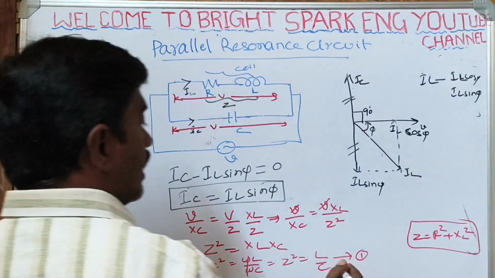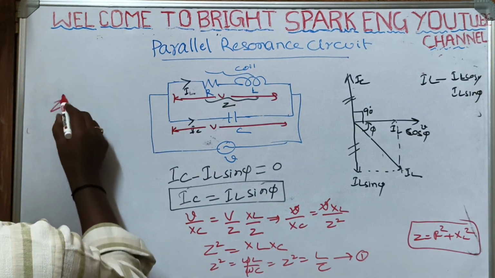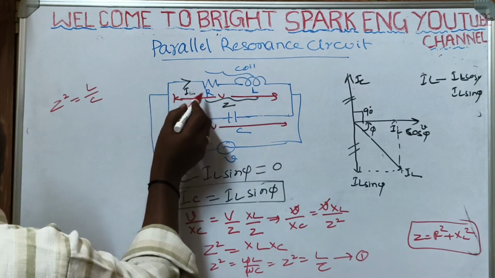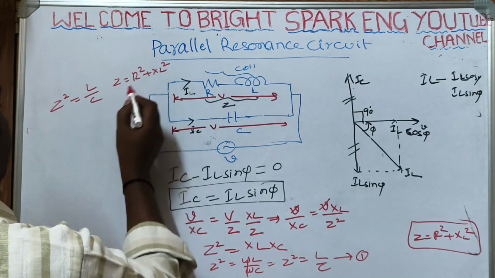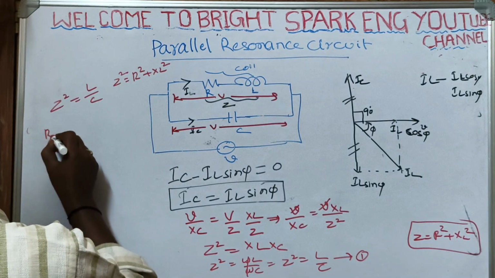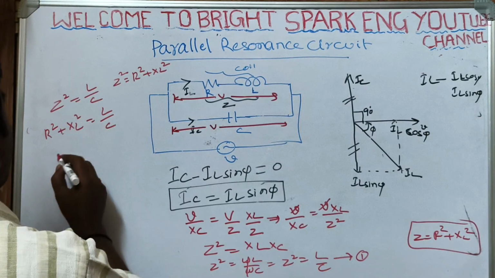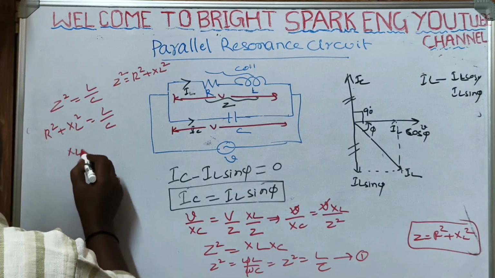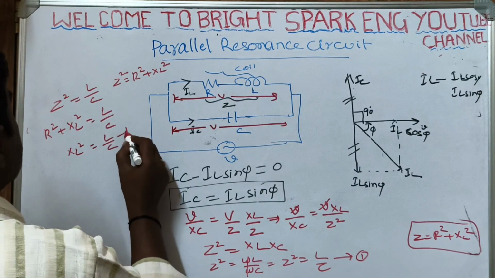Here, Z square is equal to L by C. As for the circuit, Z square is equal to R square plus XL whole square. So R square plus XL square is equal to L by C. Here XL square is equal to L by C minus R square.